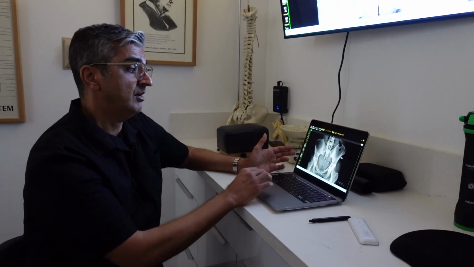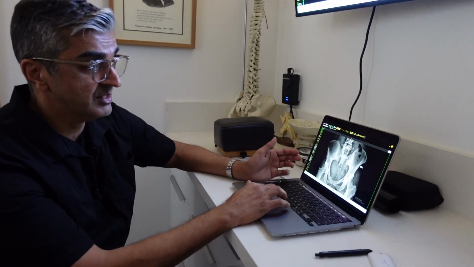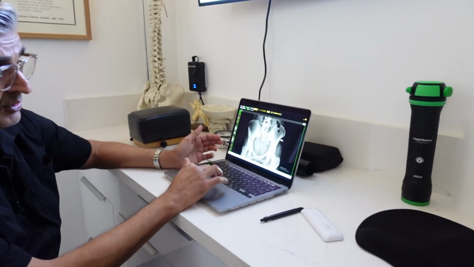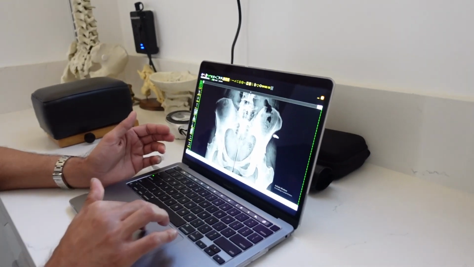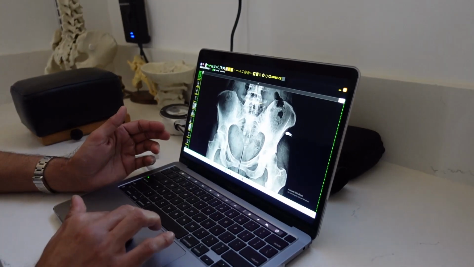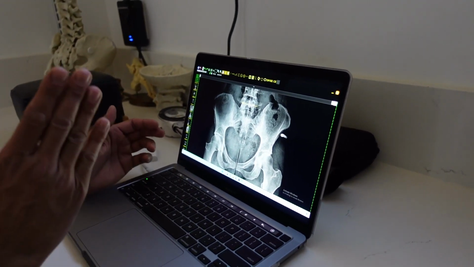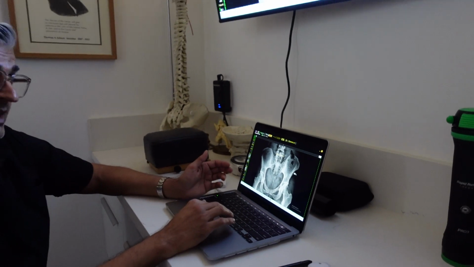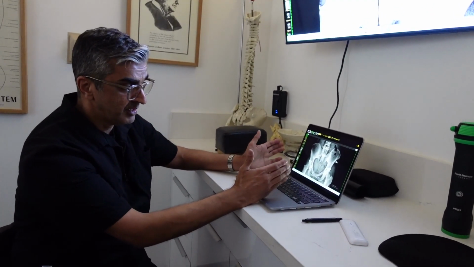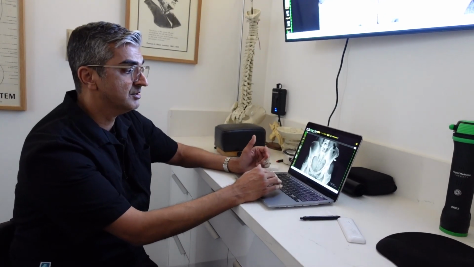What we can see here is that the left hip is slightly shorter than the right. The obturator on the left is slightly smaller than the right. But more importantly, the tailbone is tilting right around S3, S4, to the left side. There's an inferiority listing of the tailbone, and a little bit of twisting of the pelvis.